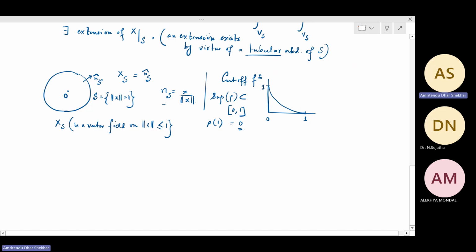And Xs is defined in this way. So if you pick a particular point over here, then Xs of r x can be defined as rho of 1 minus r times x by |x|.